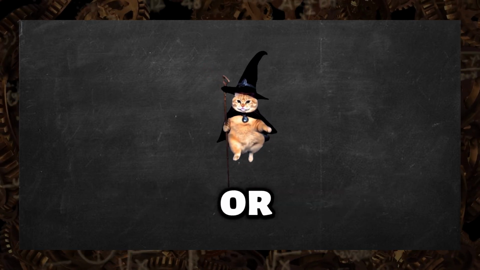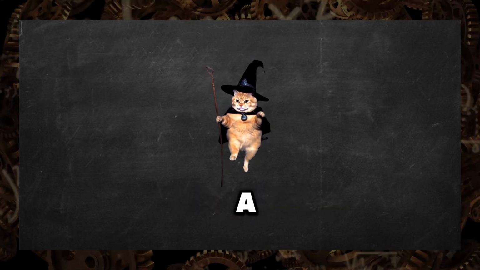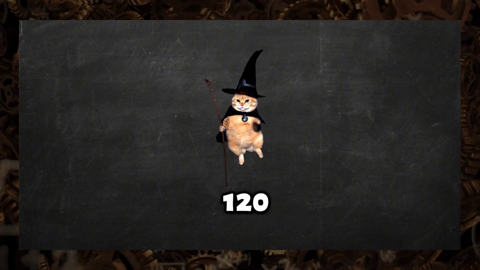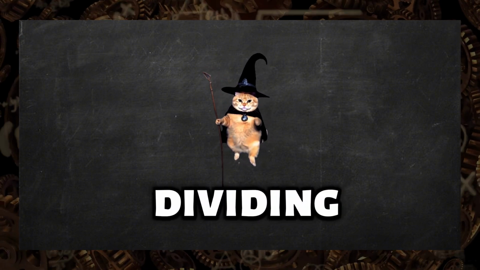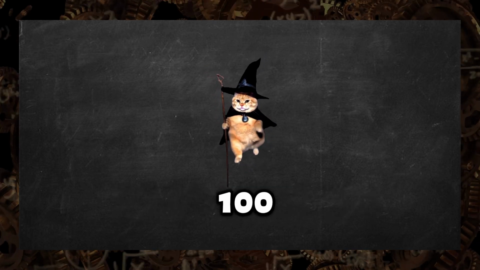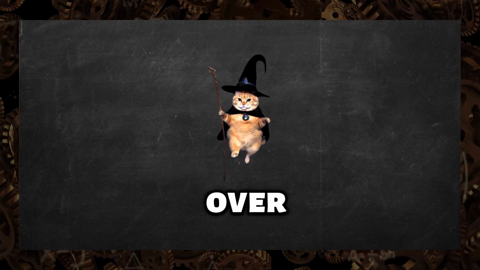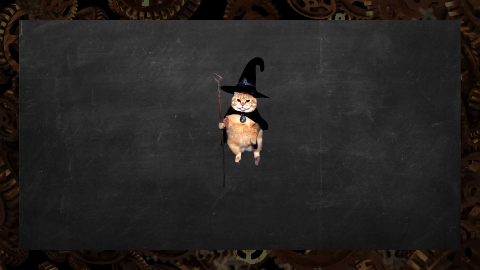Percentage increase or decrease measures change relative to the original, where a rise from 100 to 120 is a 20% increase, found by dividing the difference by the original and multiplying by 100, or 20 over 100 times 100 equals 20%.